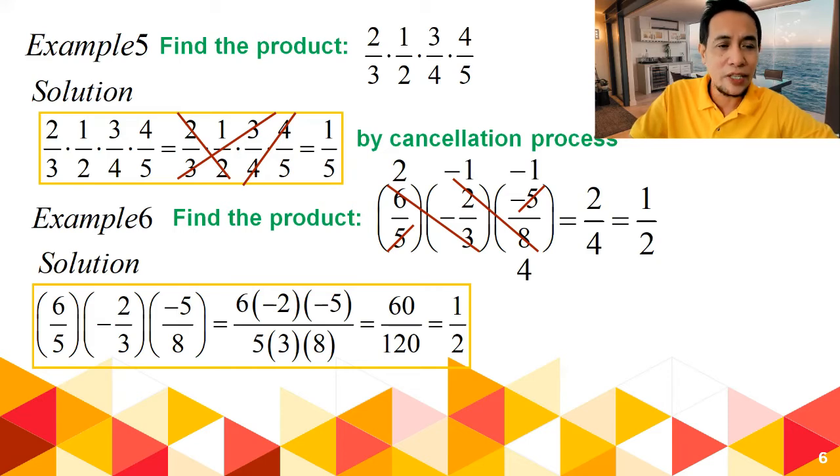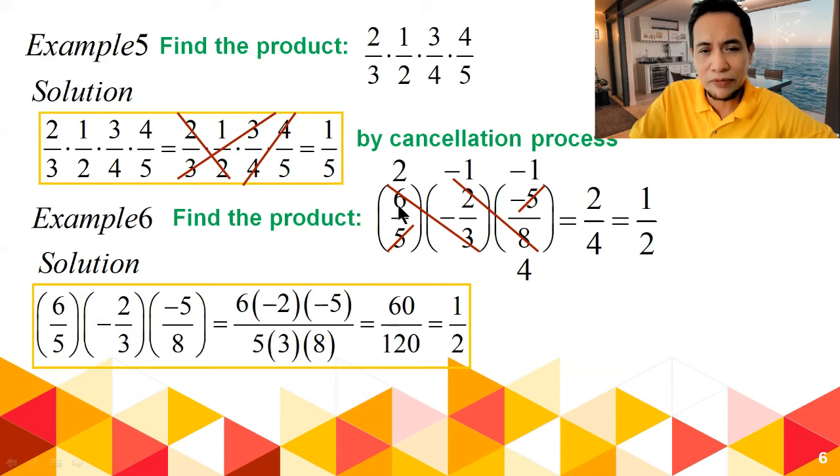One option is to multiply all the numerators: 6 times negative 2 times negative 5, we have positive 60. 5 times 3 is 15, times 8 is 120. To reduce to lowest term, divide the numerator by 60 and the denominator by 60, so the final answer is 1/2.